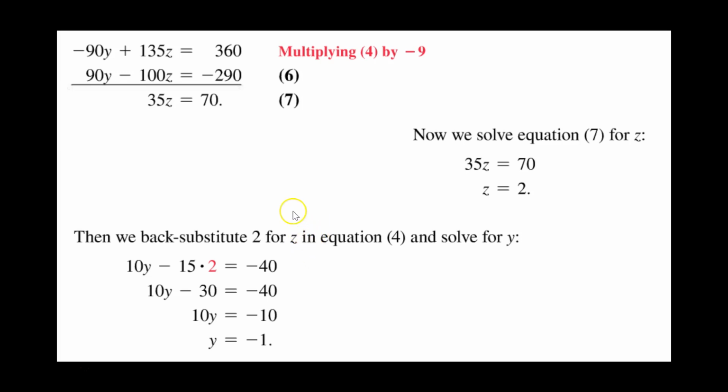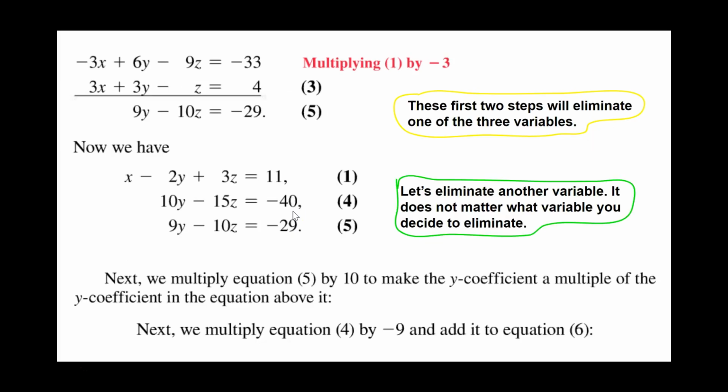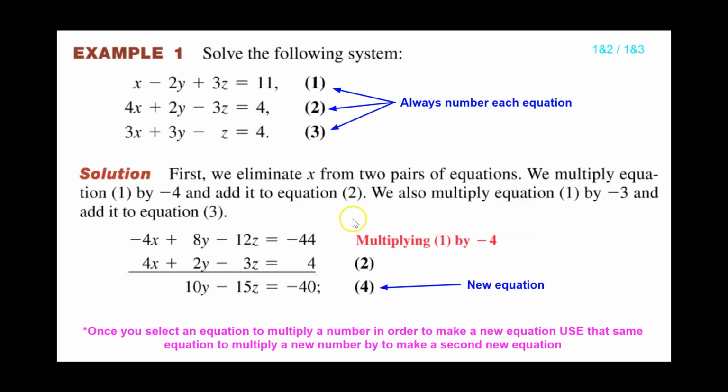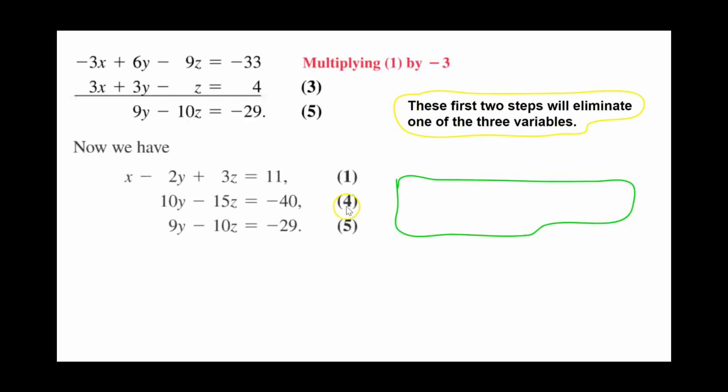Now we need to figure out what y is. We don't need to jump back to our original problem. We can jump to either 4 or 5 to figure out what y is, because we know now that z is equal to 2. It's up to you to plug the 2 in for z here or here. It does not matter. You'll get the exact same answer for y.